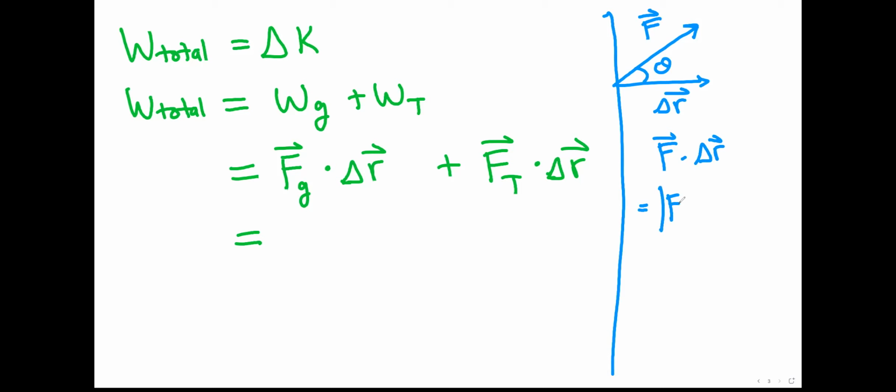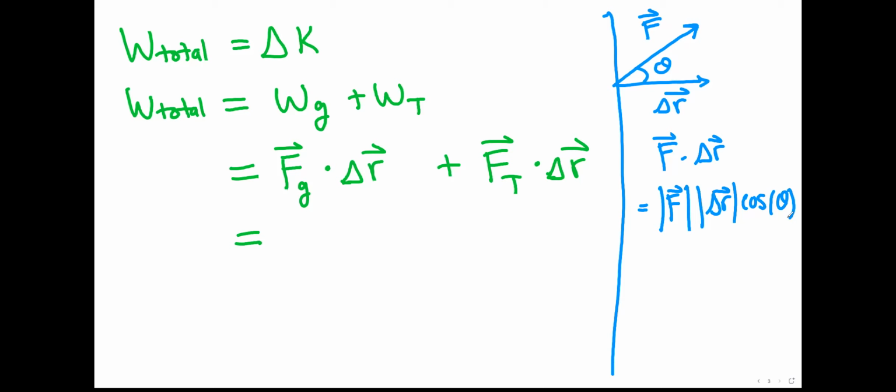Okay, so this is going to be the magnitude of the force vector times the magnitude of the position vector times the cosine of the angle between them. Oh, all right. I see. That's one of the ways to calculate the dot product.